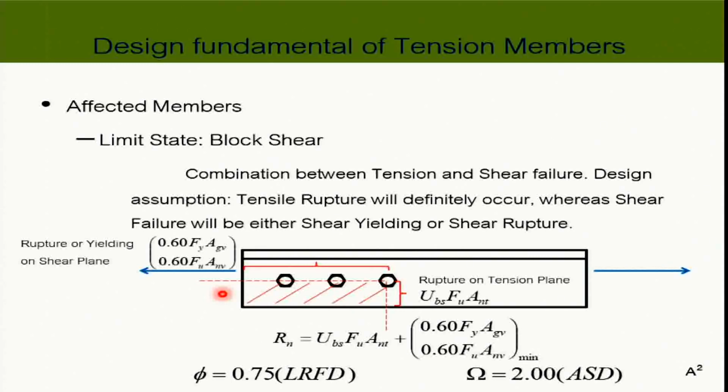Or if this connection is very short, say you have only 2 holes, the shear area here becomes very, very small. So it can shear off before the tension will fail here, because when the tension is going to fail your structure, you have another leg here, right? So it is possible. Any question, ladies and gentlemen?